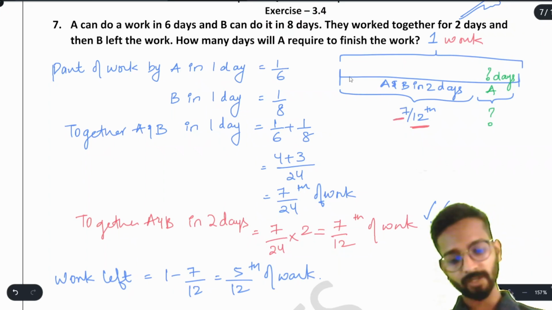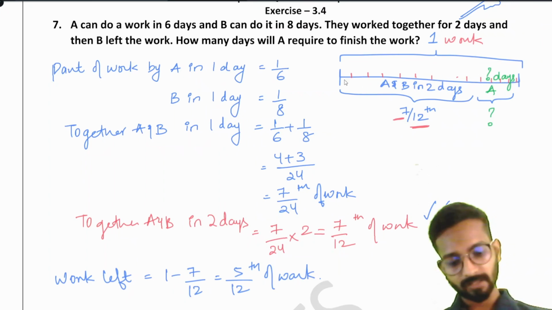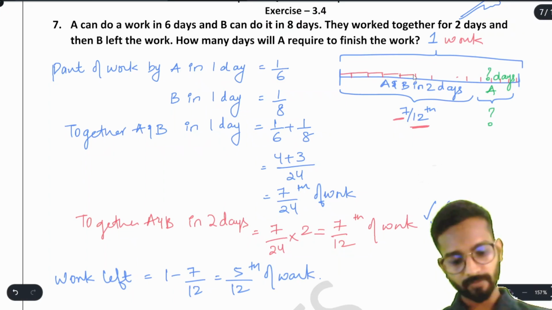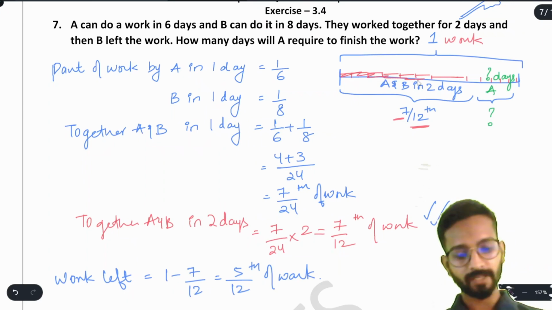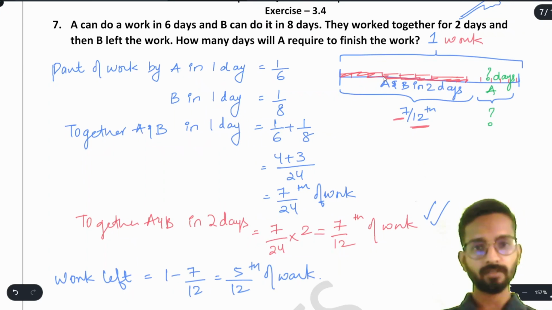If I break the work into 12 parts, 1, 2, 3, 4, 5, 6, 7, then 8, 9, 10, 11, 12. They are saying the first 7 parts, 1, 2, 3, 4, 5, 6 and 7, have already been done. That is what they are explaining with the question.